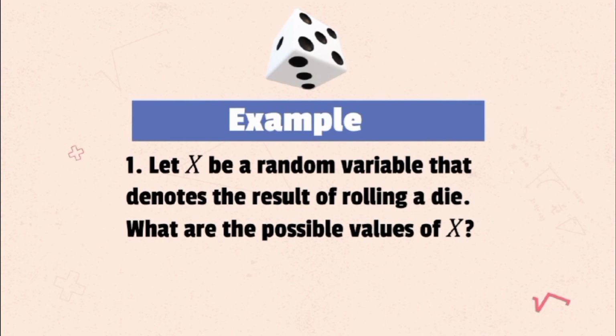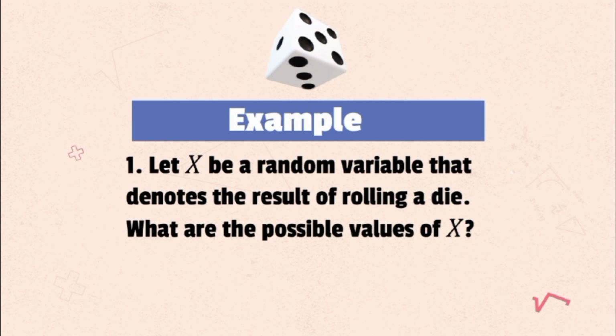Let's take an example. Let X be a random variable that denotes the result of rolling a die. What are the possible values of X? In this problem, we should apply some steps on how to determine the random variables of any event or experiment. First, we should determine the sample space. Second, assign a letter that will represent each outcome.